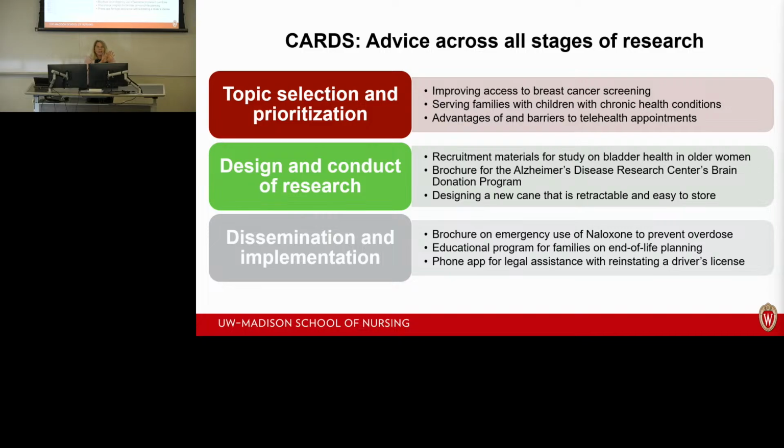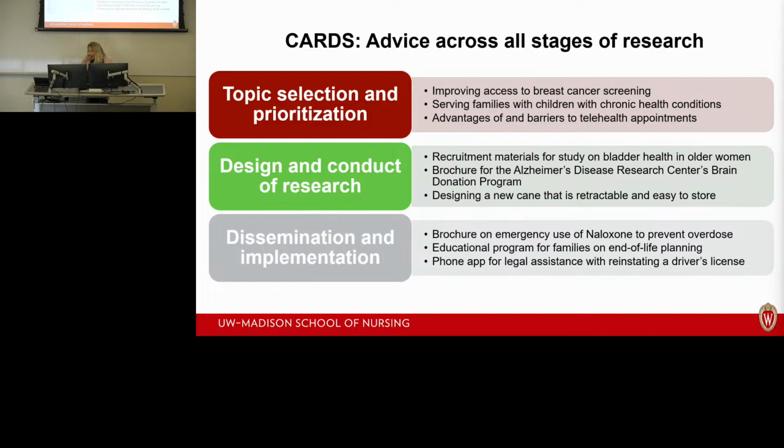So topic selection and prioritization, and then when we're doing it, how can we do it well? How can we do it in a way that is respectful of your cultural interests and needs in your community? And then obviously getting it out. How can the reach and relevance be so broad that everyone's embraced, everyone's included in how it's getting into community.